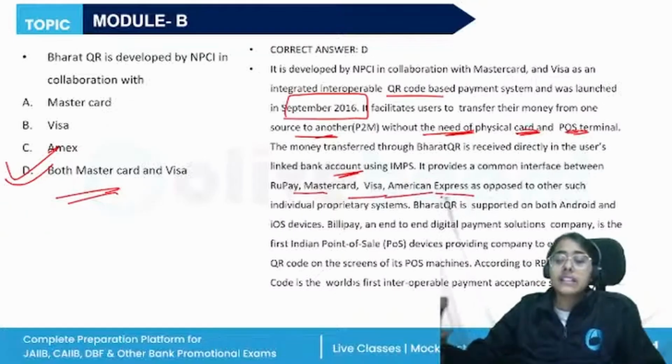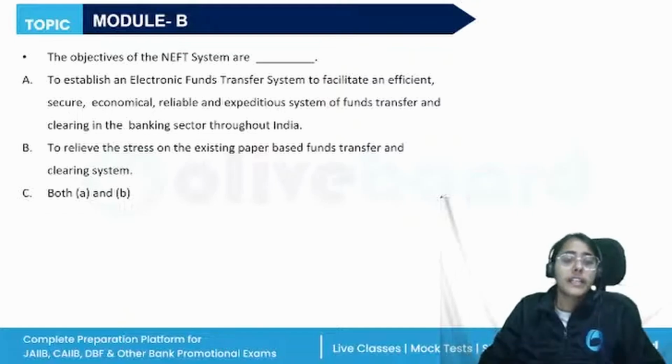So we can simply scan the QR code on the screens of the point of sale machines and make the payment.